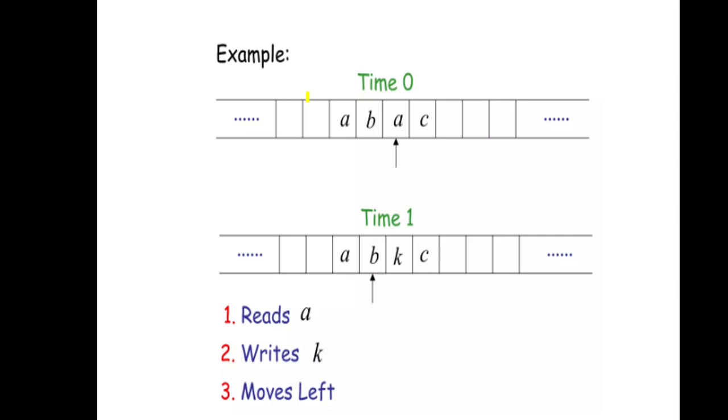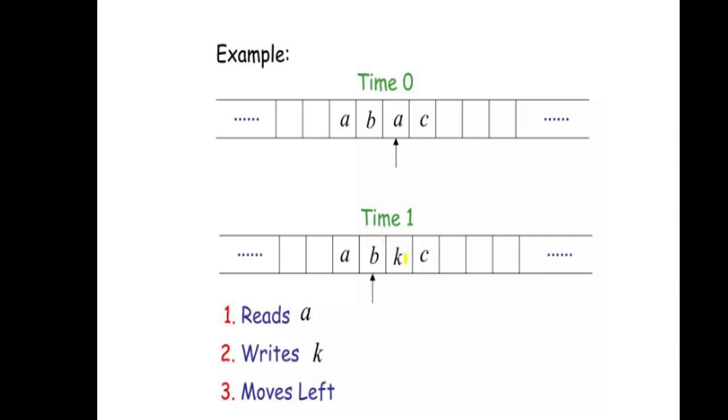For example, we take a string A, B, A, C, and it is filled in the input tape. The read write head first reads the symbol A. After reading the symbol, it is sent to the control unit. The control unit processes the symbol. After processing, the output is K. So now the read write head writes K into the input tape.